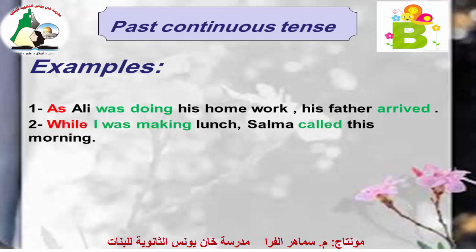Then what happened? What stopped my work? Salma called. Okay? Salma called. If we have two actions, one of them began and continued until it was stopped by another action, which is called. So we put was making, and we use was because the subject is I.